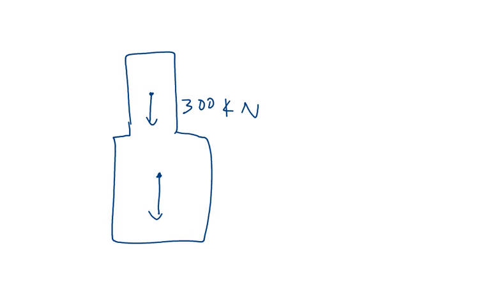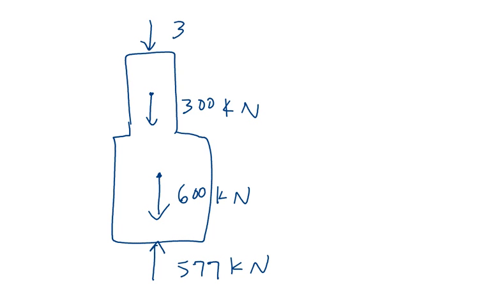This was 600 kilonewtons. Right. And then RB was 577 kilonewtons. RA was 323 kilonewtons. I could ask you for the stress in every one of these segments. Okay? So, how do you do that?